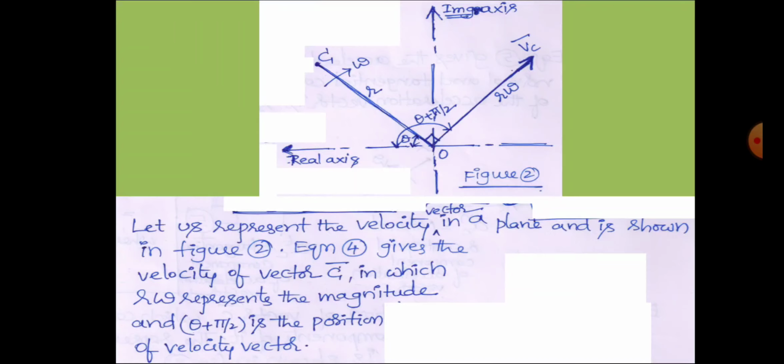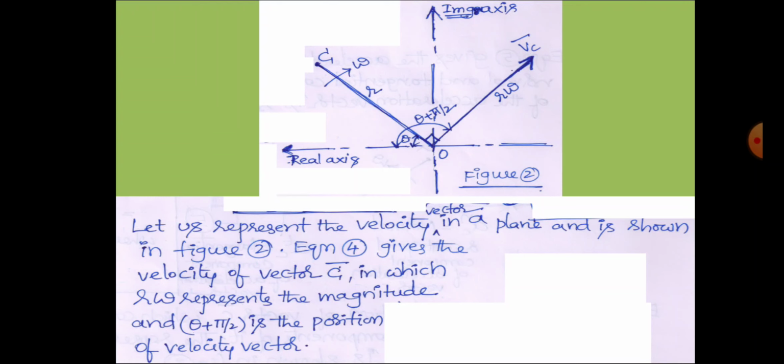Because velocity is also a vector, I can represent this velocity vector by means of a pictorial diagram. I have carried forward the first figure. You can see the left hand quadrant, where theta is the angle made with the real axis.